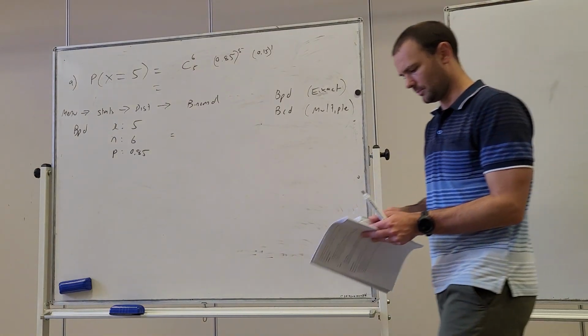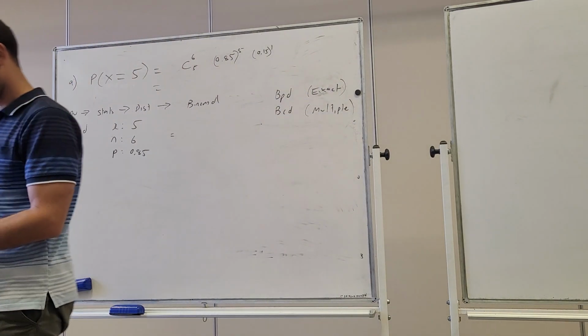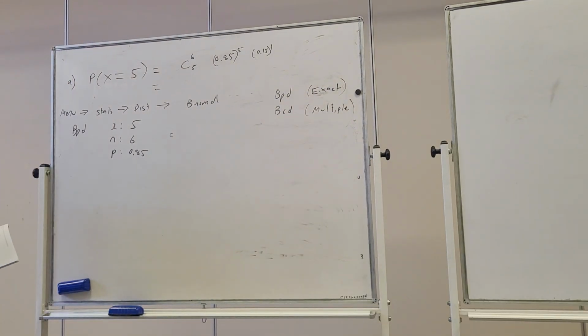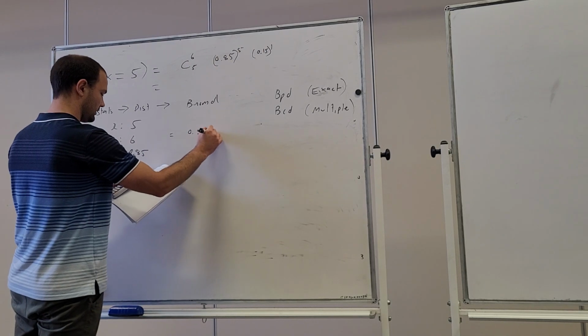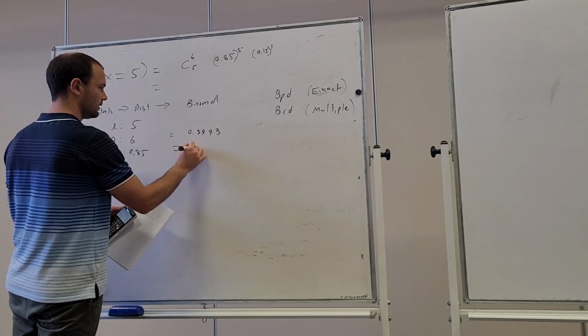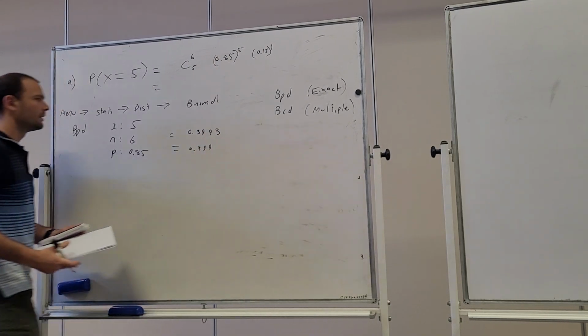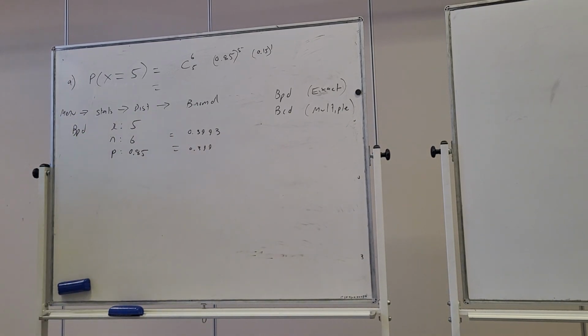I'll come look at yours in a moment. Change it to say variable rather than list. 5, 6, 0.85. I've got 0.399.